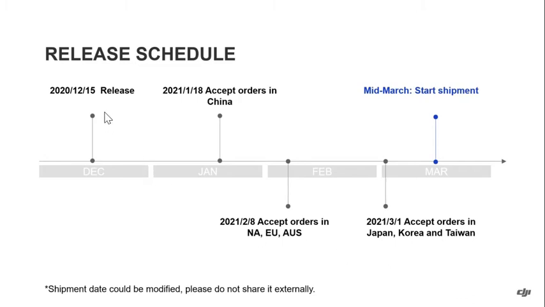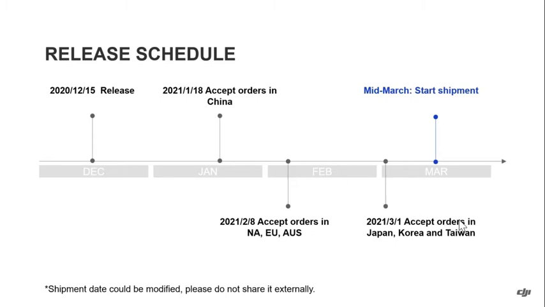We released this on the 15th of December this year, and we will accept orders in China after the 18th of January next year. And we could accept orders in North America, Europe, Australia after the 8th of February next year.